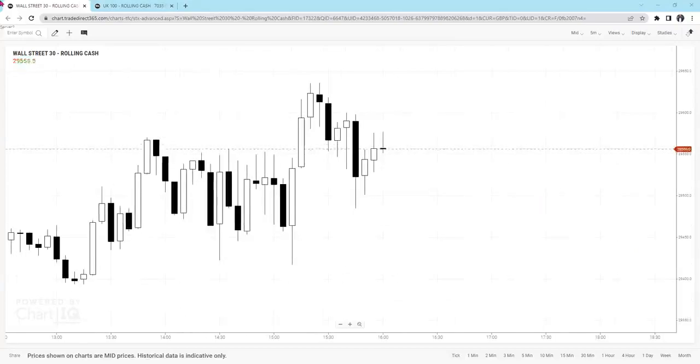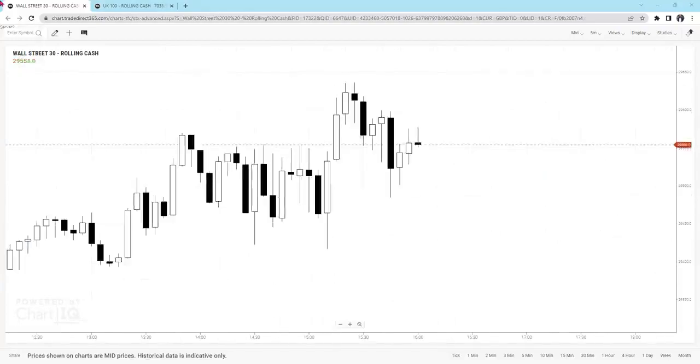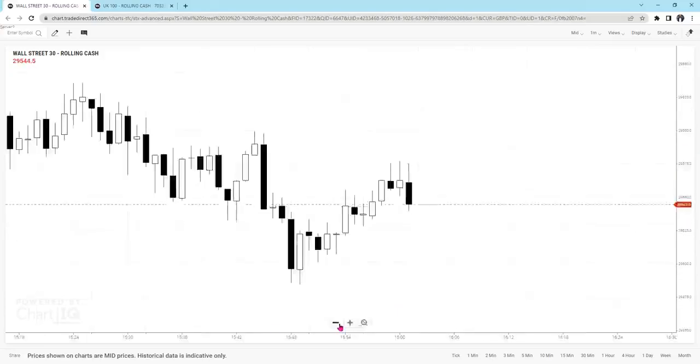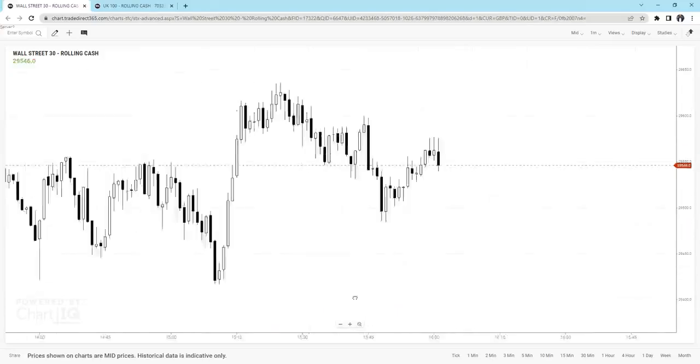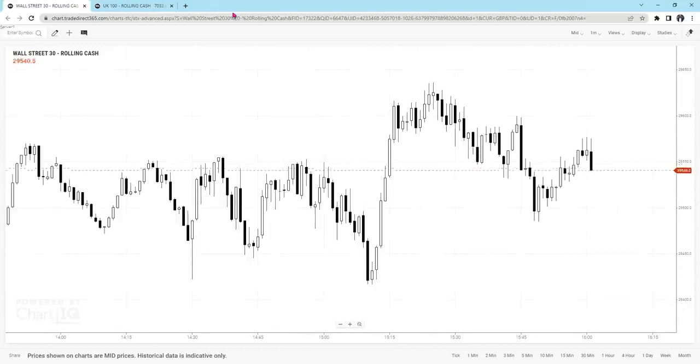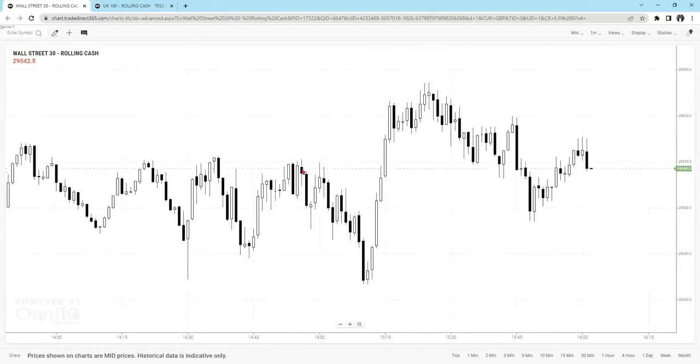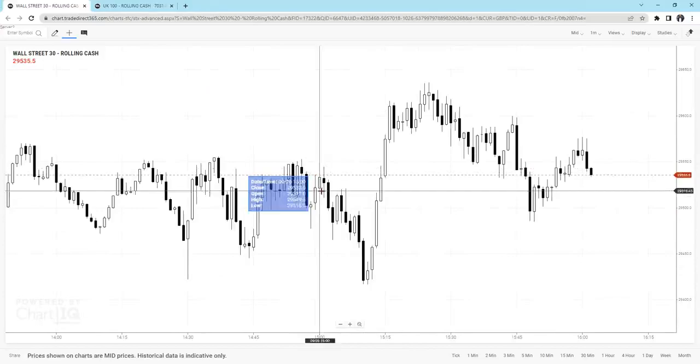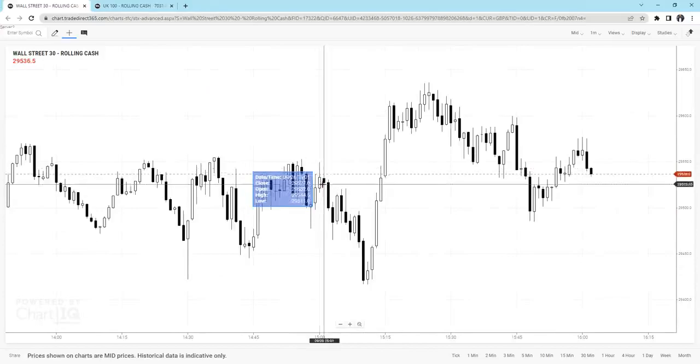Hi, Tom. Could you please explain your trade at roughly 3 p.m.? Short on Dow. Let me just quickly go, 2 minutes past 3. Let's go to a 1 minute chart, because then it's easier to see exactly where I entered, and you can see my cursor. We went short at 2 minutes past.